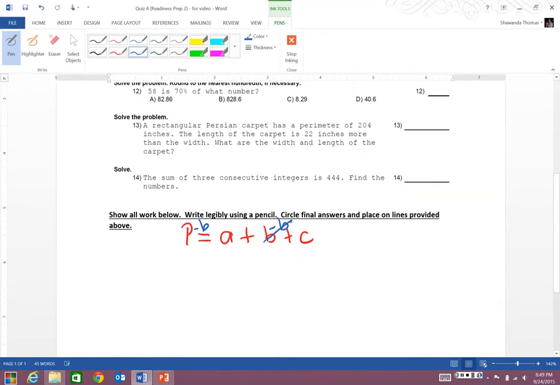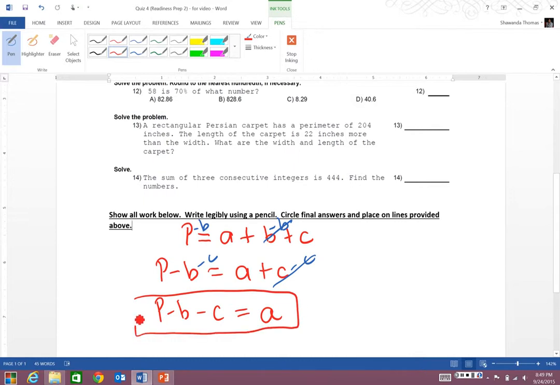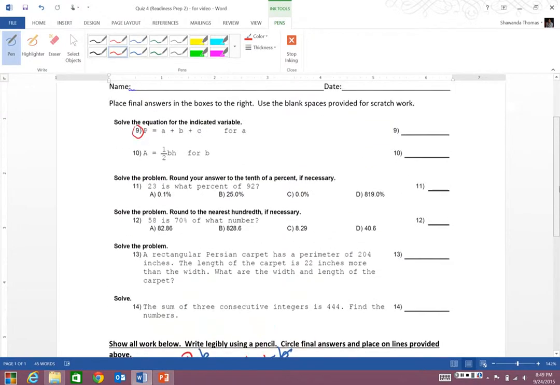That way, that B cancels here, and you have P minus B on the left side, A plus C, and then you can cancel the C. C's cancel, and now you have P minus B minus C equals A. So that's your answer. You've isolated A, so that's all you're asked to do. You're asked to isolate that variable, get that variable on one side by itself.